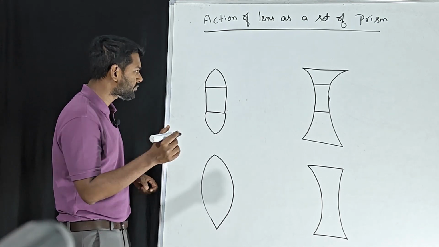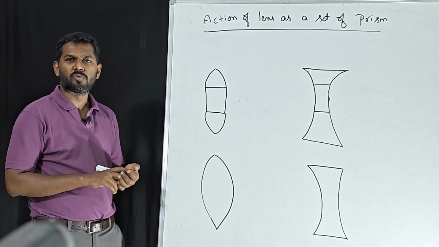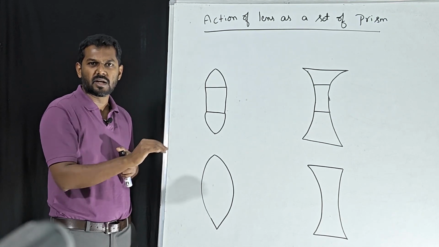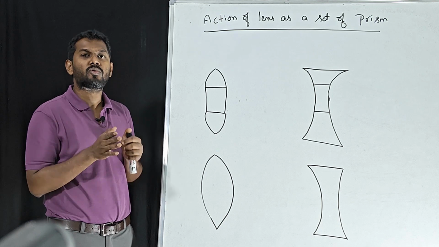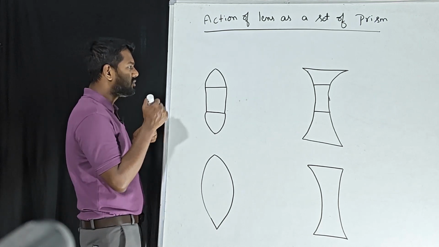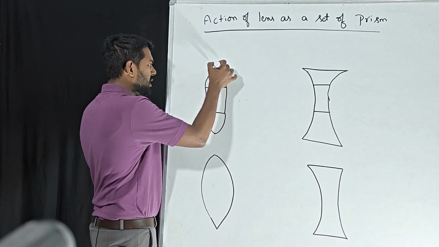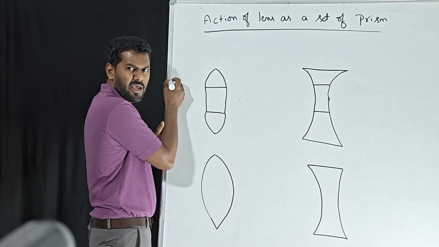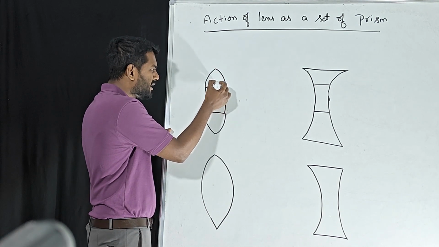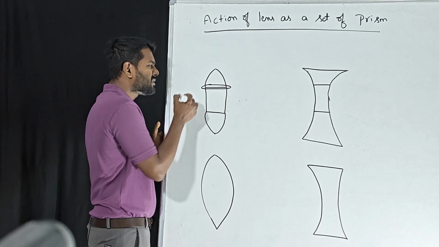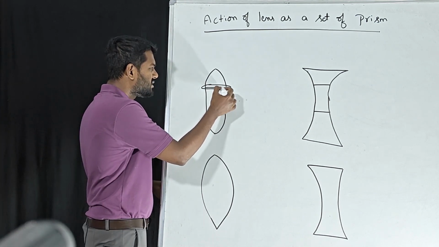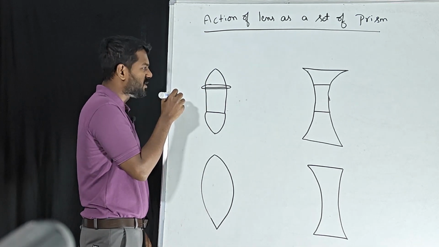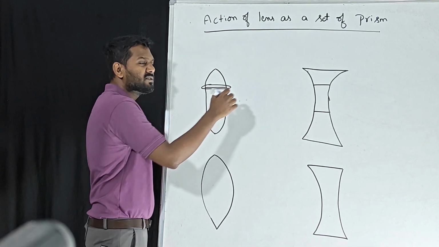Very simple. Listen. See, we know when it comes to a prism, wherever you make the light incident, it always tends to move towards the base. Assume this is the prism. If you give a light ray here, this is the base of the prism, correct? So whenever a light ray is given to a prism, it moves towards the base.